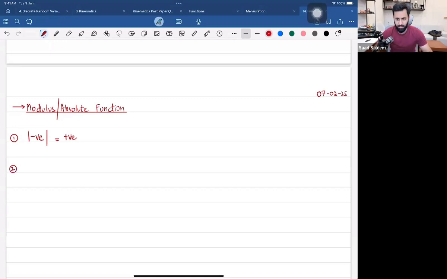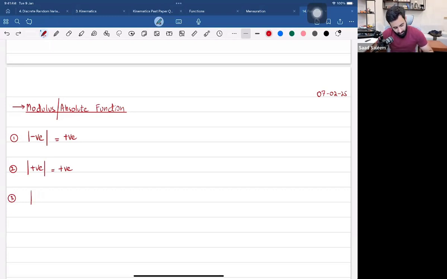Now if I say modulus or absolute, don't get confused, they both mean the same thing. If you take modulus of a value that's already positive, you will get a positive result. If you take modulus of 0, what you will get is 0.